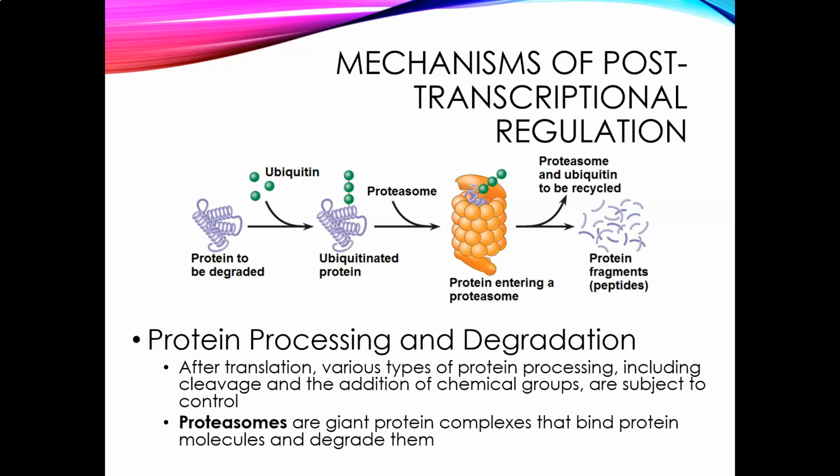And so we can utilize that processing as a way to either cleave that protein in certain places or add additional groups to it, all of which are subject to control based on the availability of enzymes that need to be available for that cleavage to occur, or to add those groups.